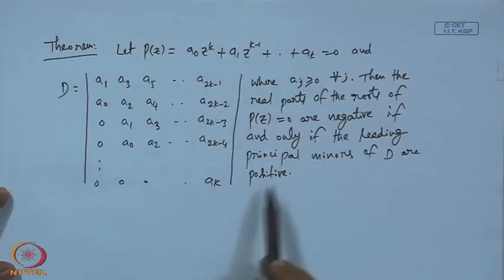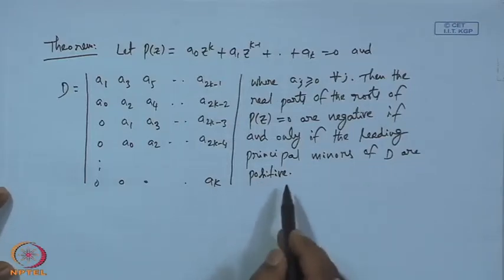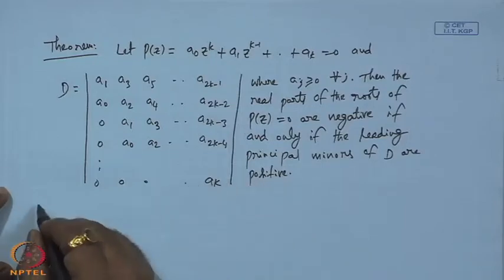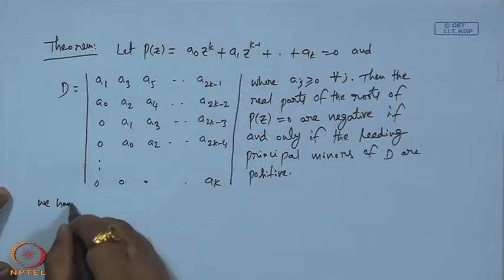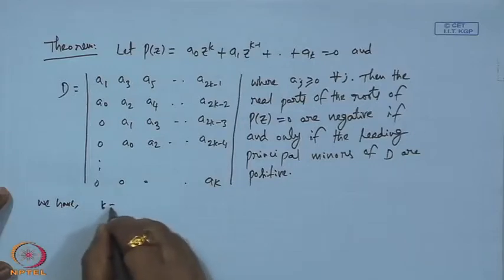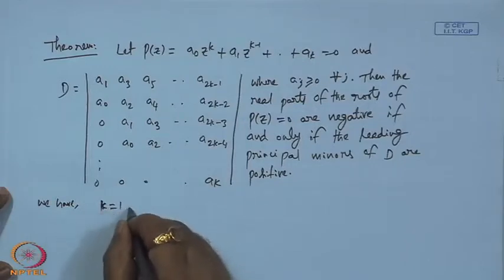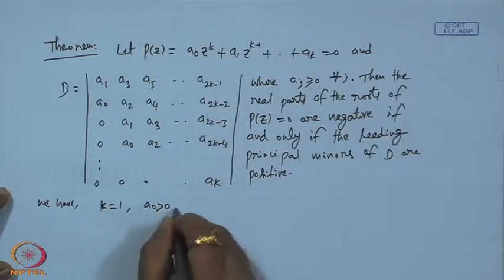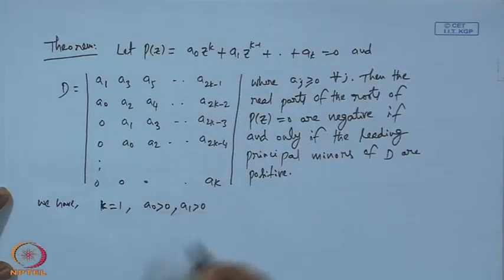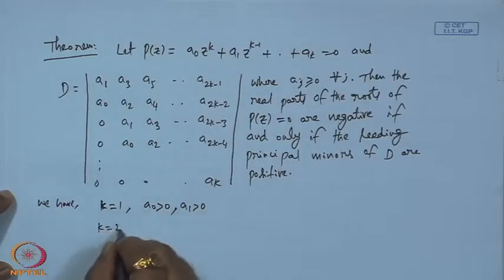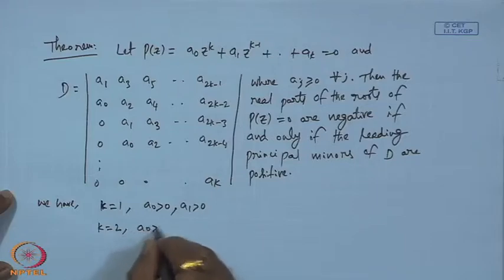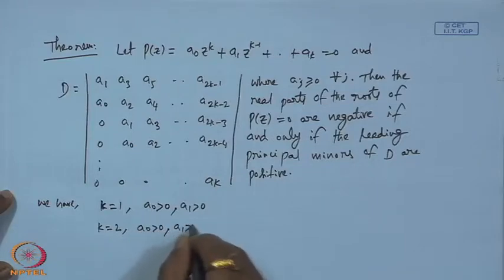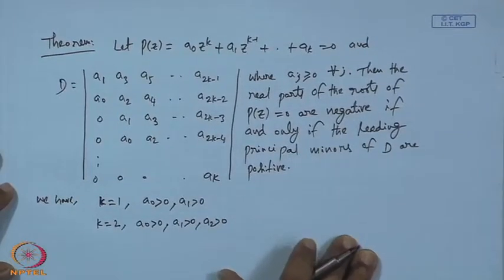Okay. So, this is the Routh-Hurwitz criterion. Accordingly, suppose k is 1, a 0 greater than 0, a 1 greater than 0, then k is 2.